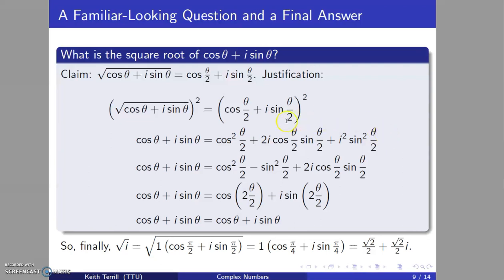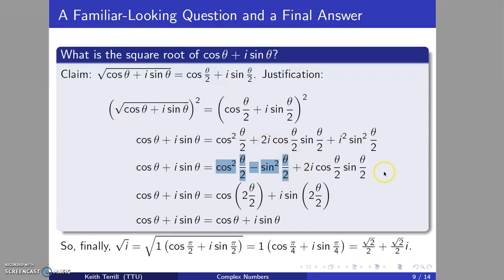And so I've got cosine squared theta over 2, plus 2i cosine theta over 2 sine theta over 2, plus i squared sine squared theta over 2, which is a bit of a mouthful, I'll admit. Recognizing that i squared is negative 1, I combine all my real parts. This is a real number for all values theta. So I've got cosine squared theta over 2 minus sine squared theta over 2.